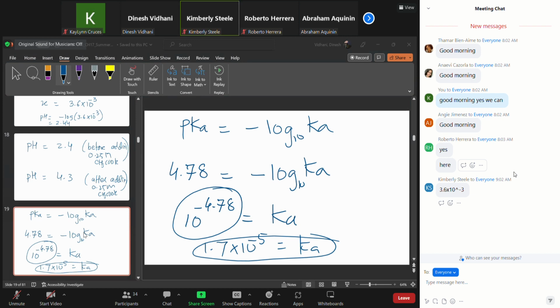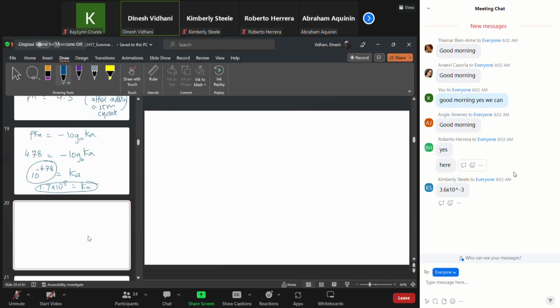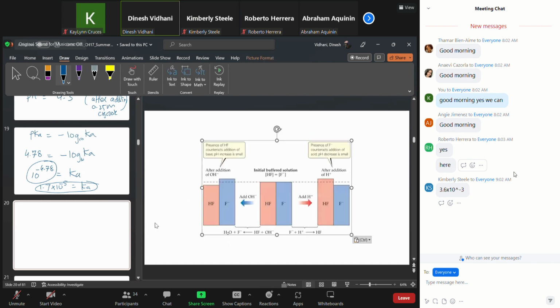Oh, okay, good. Now, let's think about what if I'm given a mixture of the weak acid and its salt. Let's see what happens. So I'm going to put one diagram. This is taken from your book directly, so you should have access to that one as well.